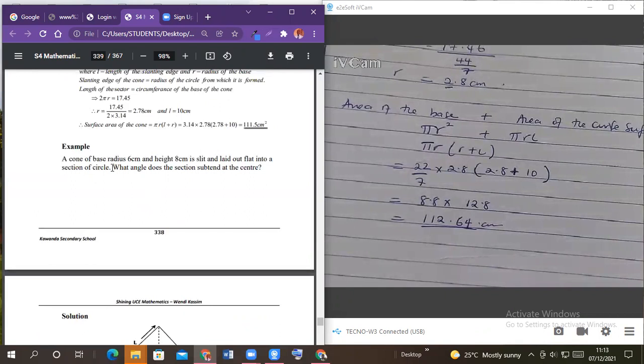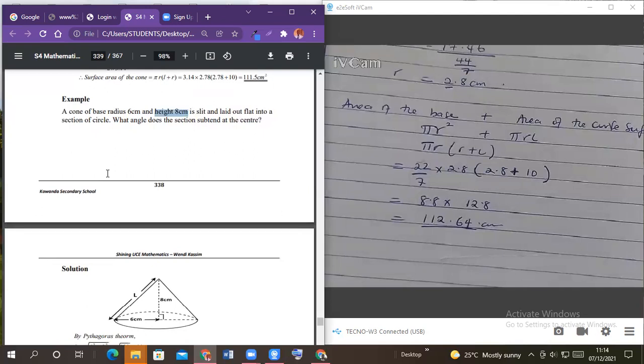We have 5 minutes. They're saying that there is a cone of radius 6 centimeters and height 8 centimeters. It is cut and laid out flat into a section of a circle.